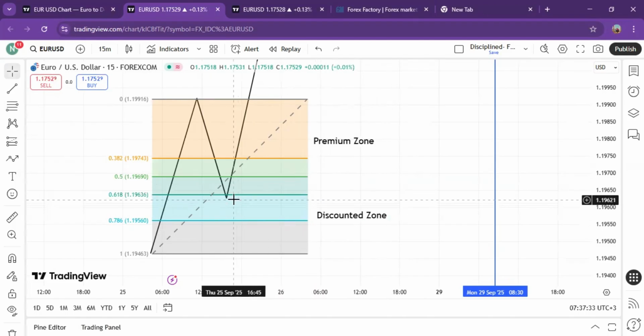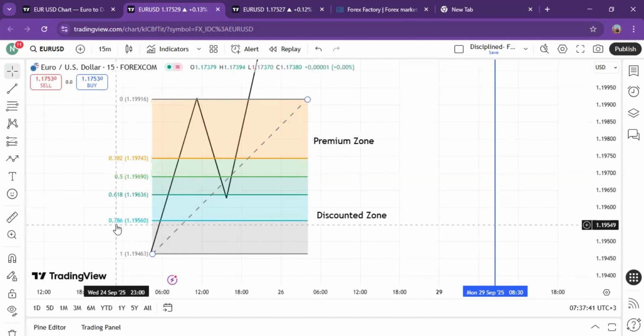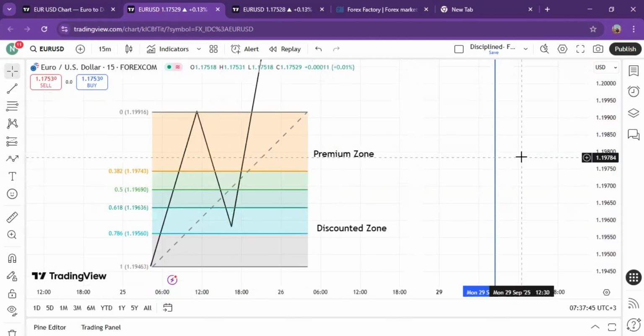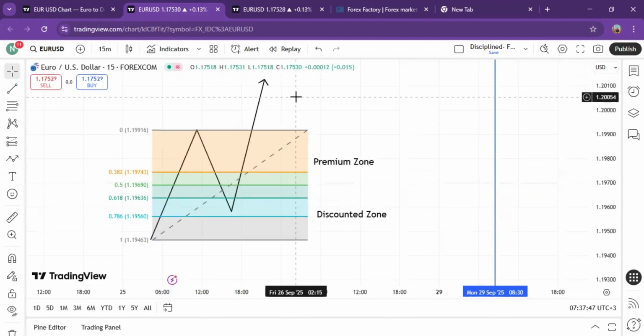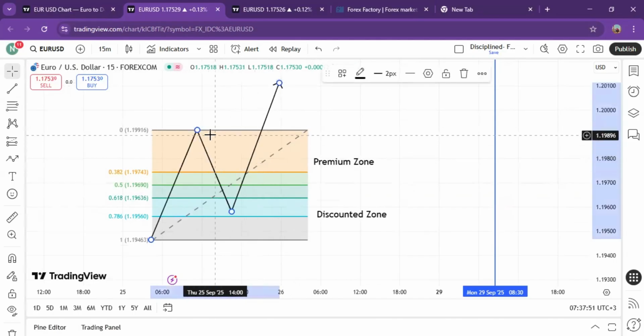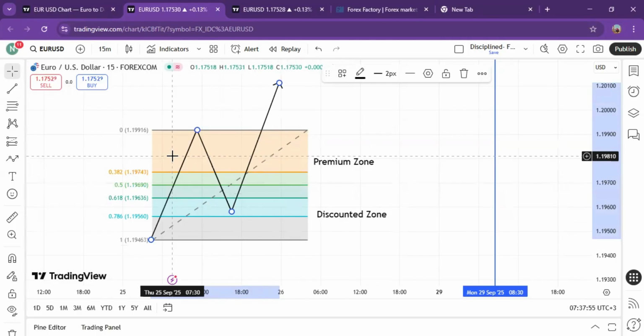Now, we have one crucial level in the market that we always consider, the OTE zone. That is between 0.618 and 0.786. So this is the OTE zone, whereby we look for better entries in the market. Now, this one means something. In the market, we usually have deep retracements and shallow retracements.